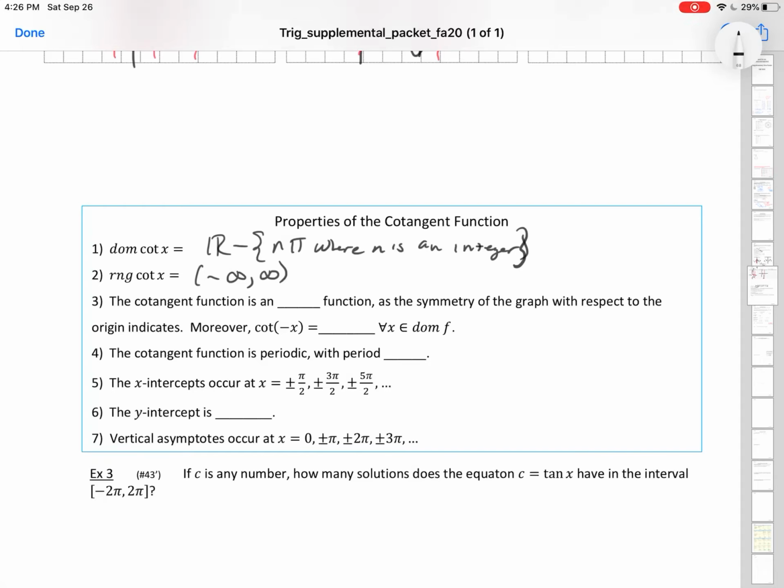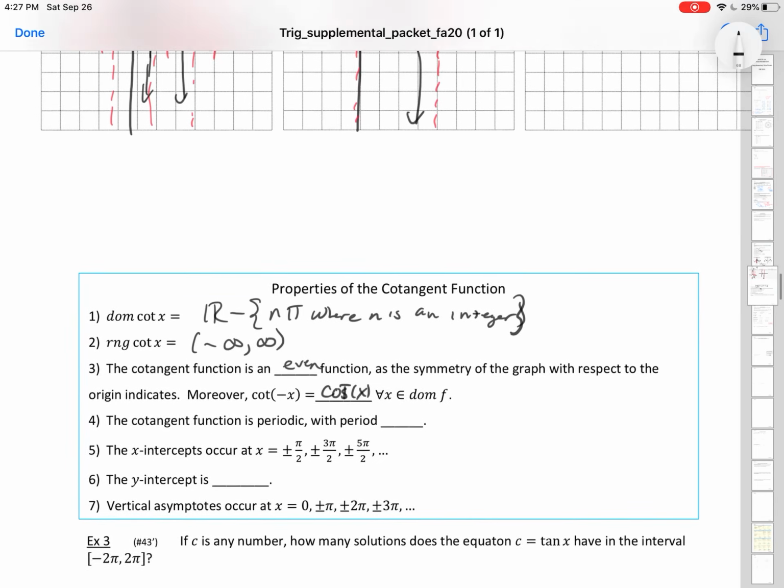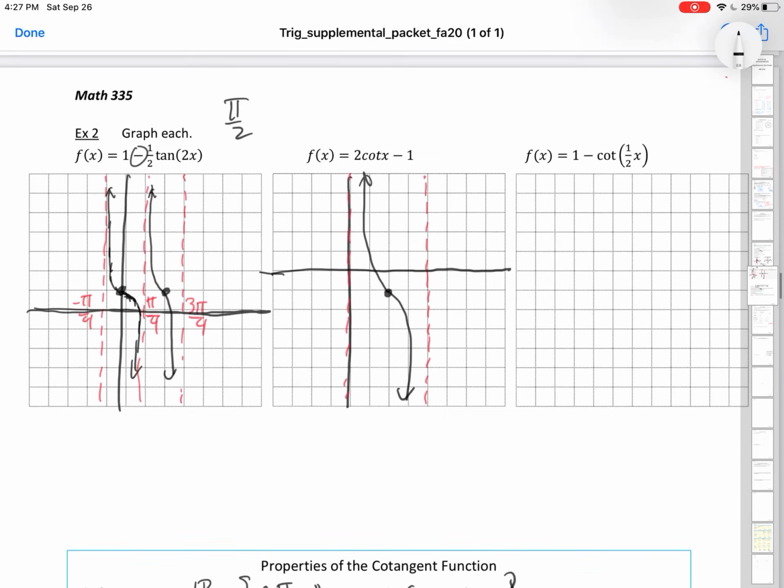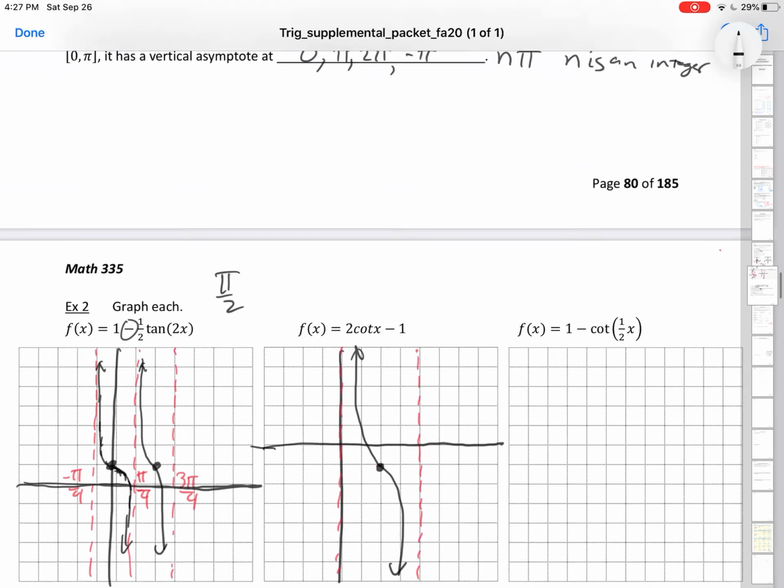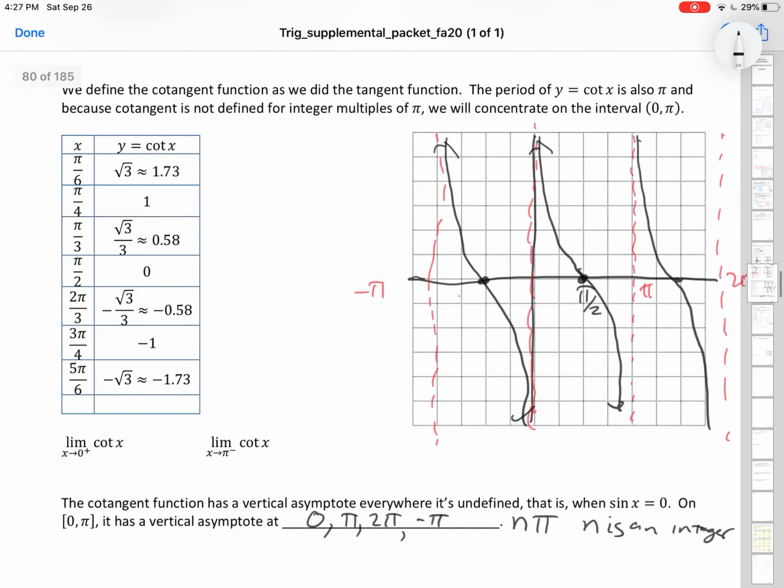And so the cotangent function is an even function. And so cotangent x coming through. So it is even as you go through. Or is it even? I don't know why I said that. Let's take a look. Would it be mirrored? Let's go back and look at the original cotangent function.